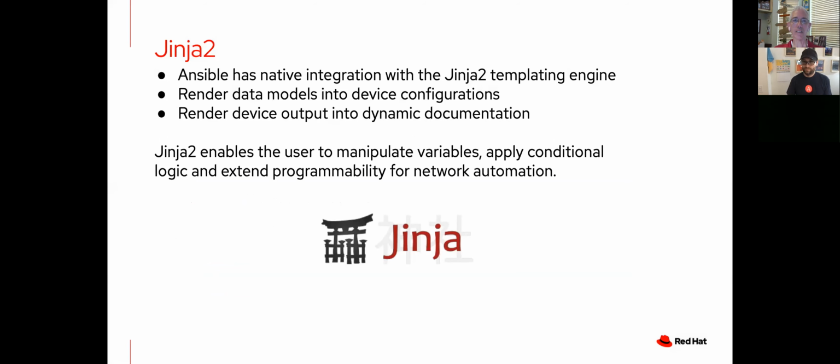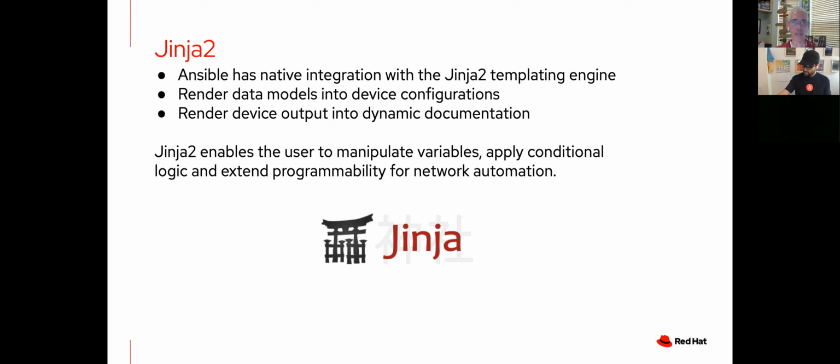The second piece gets into the actual templating mechanism. We introduced this early on when we first looked at a playbook and a task, and that task was using the template module. That's what this is referencing. Within Ansible, it includes the Jinja2 templating engine.